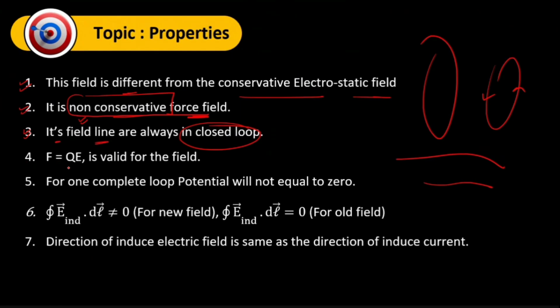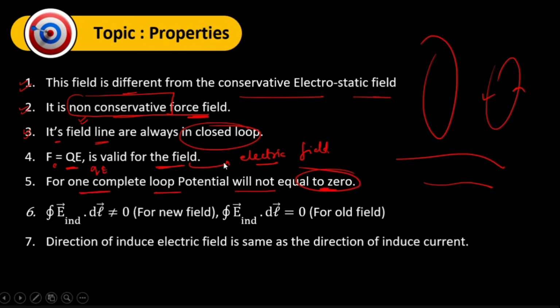If F equals QE, it is an electrostatic force. It is valid for which field? Electric field only. For one complete loop, the potential will not be equal to zero. So if we talk about a loop, the potential is not going to be zero for one complete loop. There must be some potential.